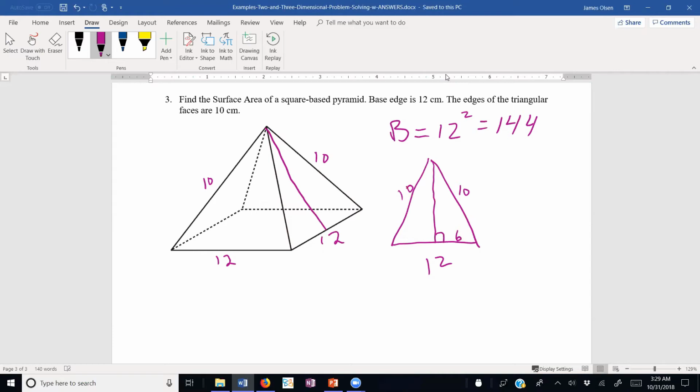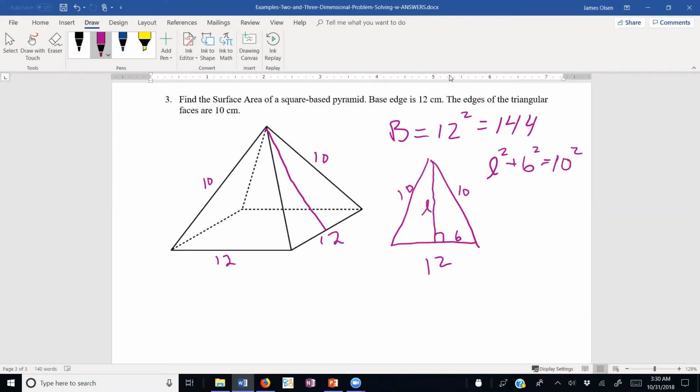And if I call this slant height L, and that's very typical, also on our Wisconsin formula sheet, I believe they use L. So I can set up the Pythagorean theorem. L squared plus 6 squared equals 10 squared. And I'll let you work that out.